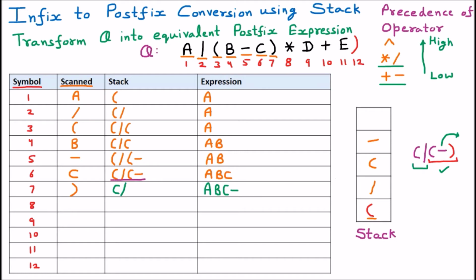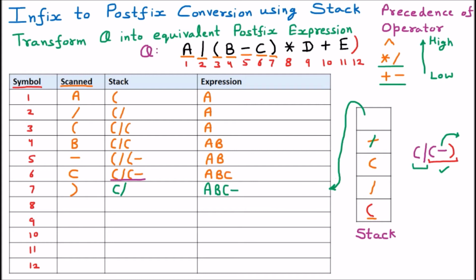Now if we go with the algorithm, then the algorithm says that whenever the closing bracket encounter, then we have to take out the top element and put after the expression. That is what we are doing. I have given you the shortcut. If we are going with the algorithm, then as per the algorithm, if closing bracket encounter, then take out the top element, which is minus. So minus is placed after the expression.